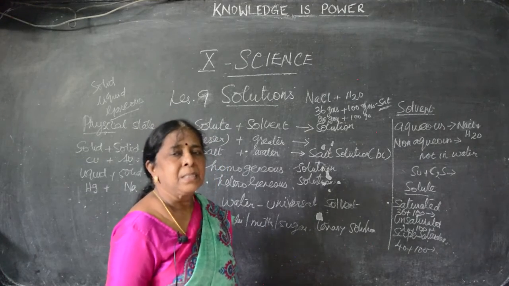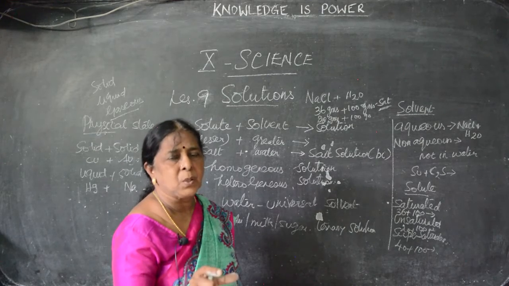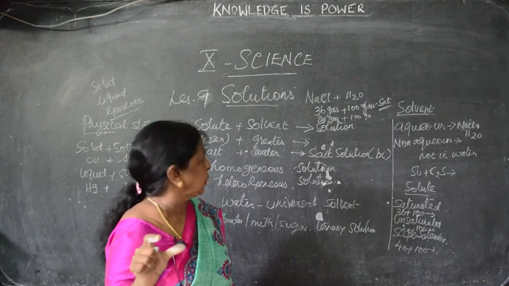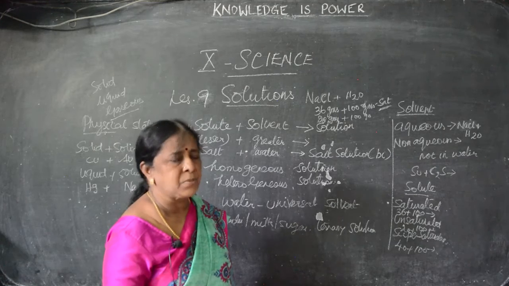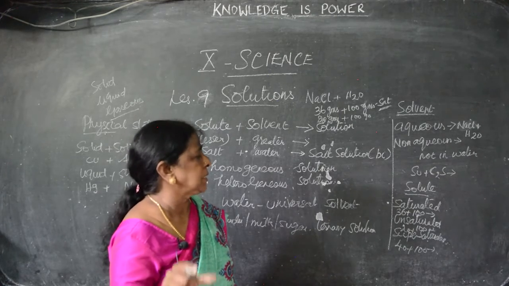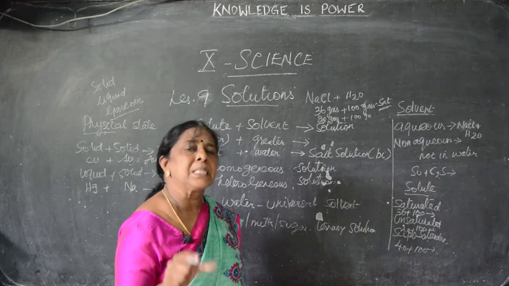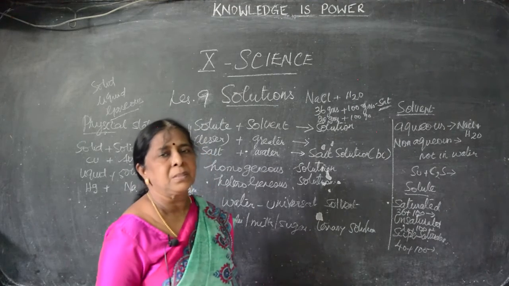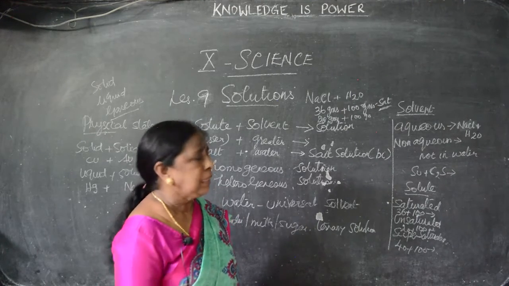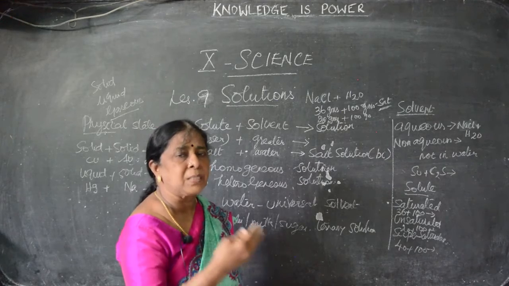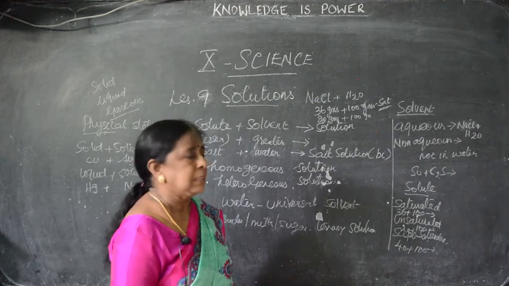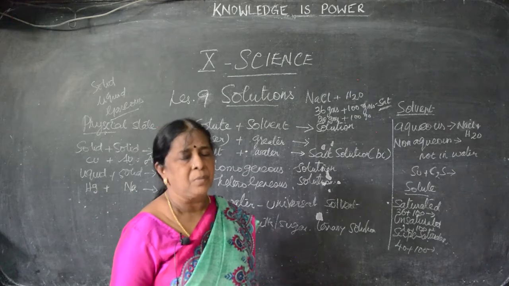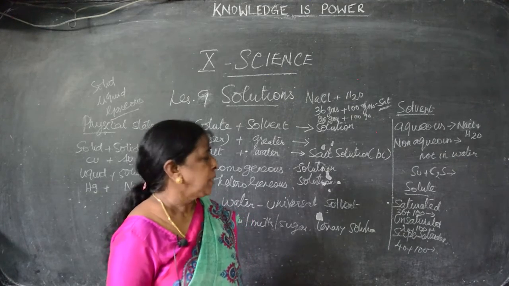Saturated is the correct quantity of solute with the correct quantity of solvent. For example, 36 grams of salt dissolved in 100 grams of water is saturated. Less than 36, maybe 10 to 35, is a lesser amount of solute with the same amount of solvent, and this is unsaturated.